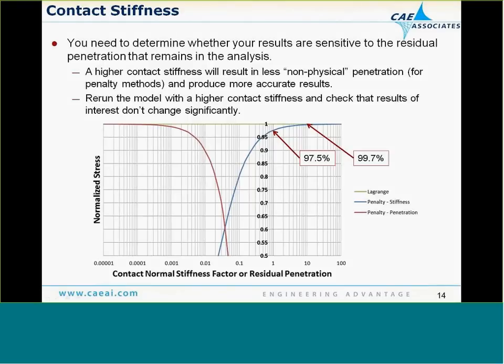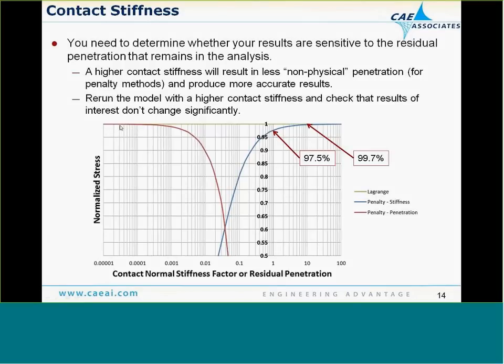So I made this chart. This is from that previous example on the other slide. And if we look here, this is the normalized stress. It goes up to a value of 1, so that's the ideal solution, or the Hankout theoretical solution, what it should be. And if we look at this red line, which is the penetration that results in the model, when the penetration is very, very small down here, essentially 0, we get the full load going in the model, as we might expect.